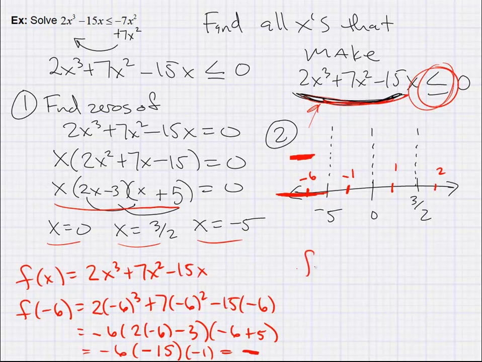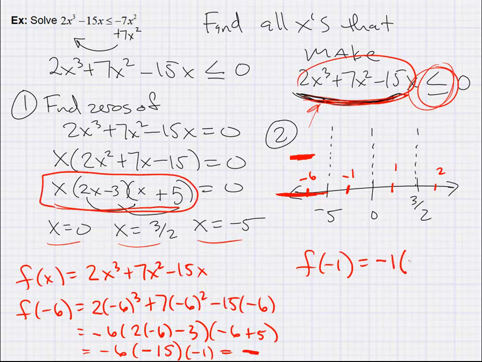So I want to find f of negative 1. Again, all I'm concerned with is, do I get a positive or negative answer? I could plug it back into this function up here, but I like plugging it into the factored form. It's faster. So I get negative 1 times 2 times negative 1 minus 3, and then that's going to be multiplied by, I'm running out of room here, negative 1 plus 5.